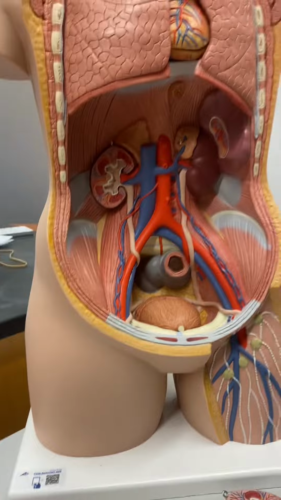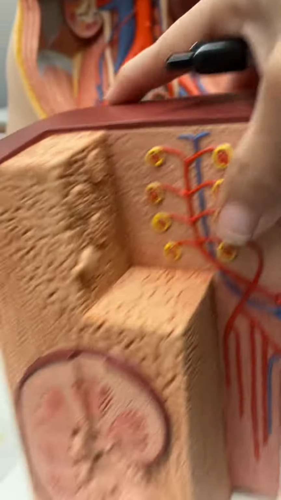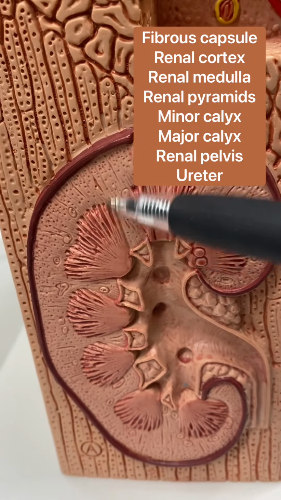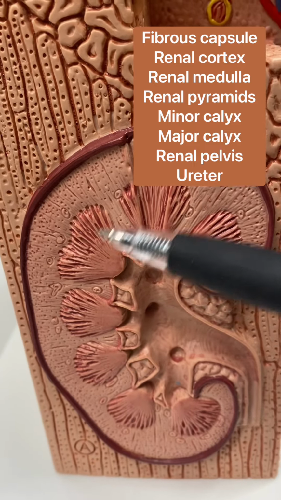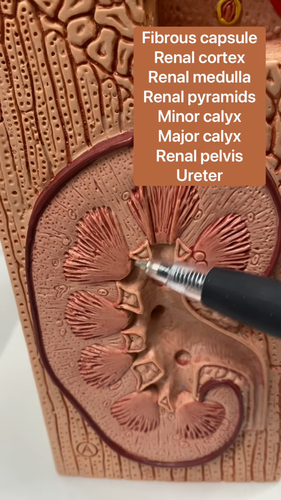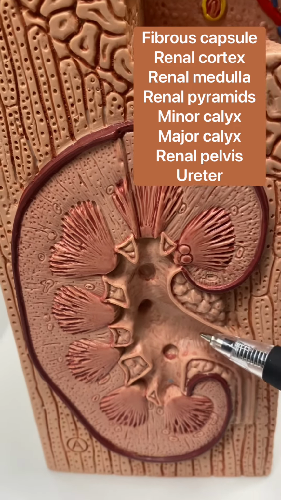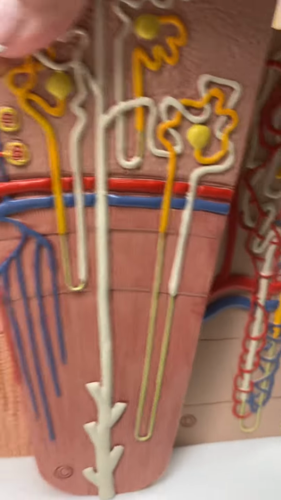So if we're going to zoom into our next model right here, we have here your kidney once again, the capsule, the cortex, the medulla, then you have your pyramids, your minor calyx, your major calyx, the pelvis, and then the ureter.